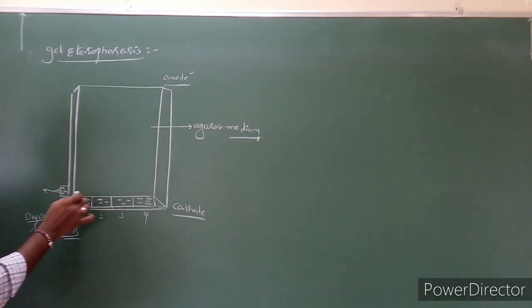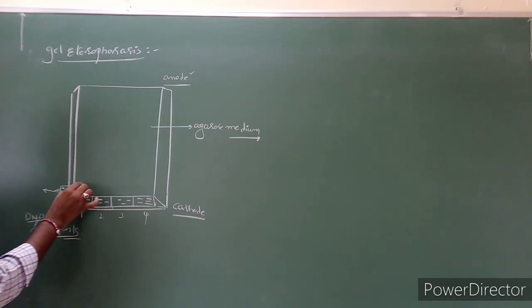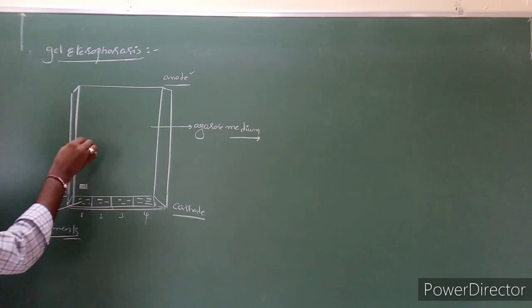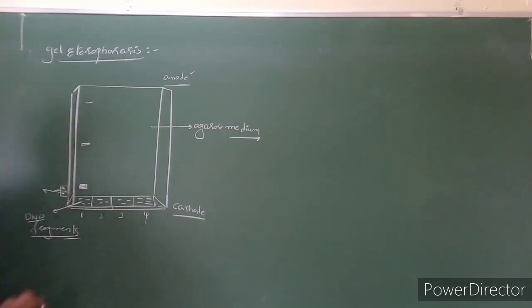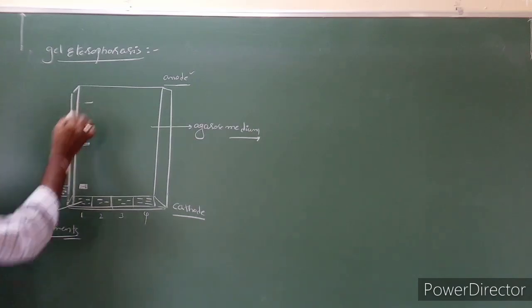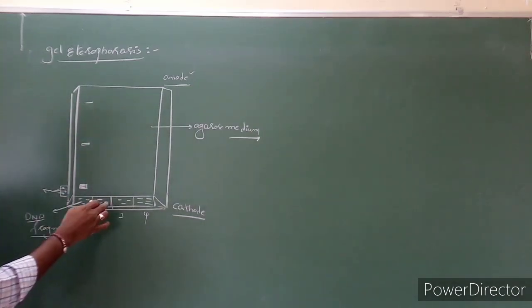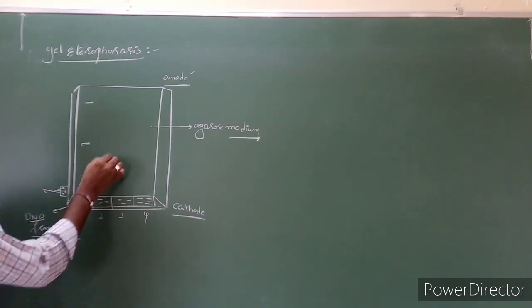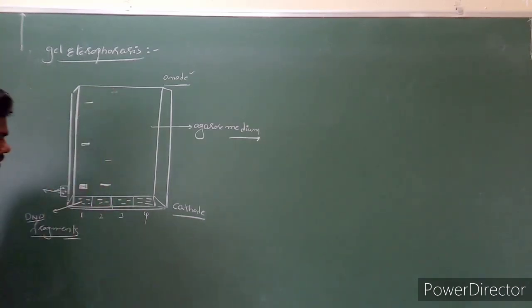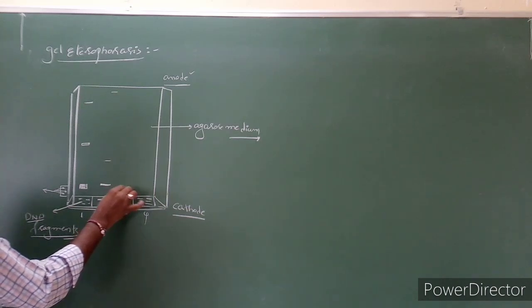Here for example, out of these 4, we can notice one fragment here, one more fragment here, and one DNA fragment here. Same like here also, and in this third also.